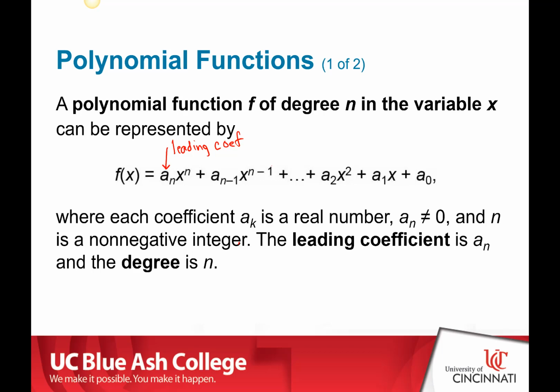If that leading coefficient is positive, it means the parabola is opening up. So you can get some information off of that leading coefficient. The other thing that we're going to look at is what's called the degree of the polynomial. The degree just means what's the highest power on the exponent.